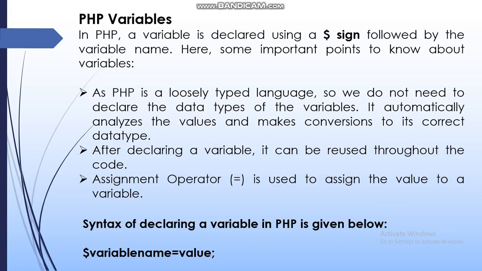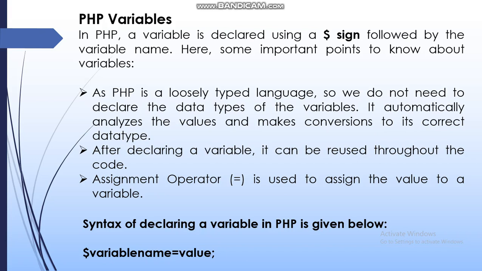If you want to declare more than one variable, and display some calculation or generate results, we need to assign values to the variables. To assign values to a variable we use the equal sign, which in programming languages we call the assignment operator. So the assignment operator is used to assign a value to a variable.